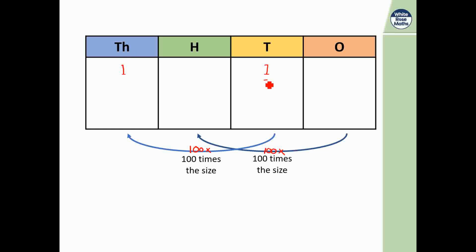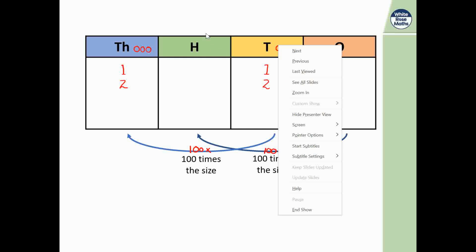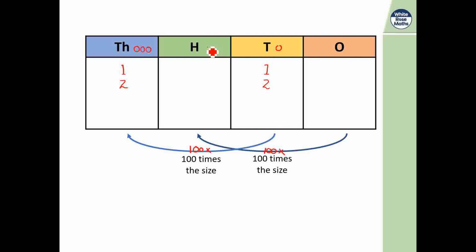If I have two tens, how many thousands do I get if I multiply it by 100? 2, yeah? That makes it easier, but you just need to remember that this has 3 zeros and this has 1, this has none, even though it looks like a 0. And how many zeros does 100 have? 2. So when I say 1,000, I mean 1 with 3 zeros, okay. Okay, I have to rub this off.